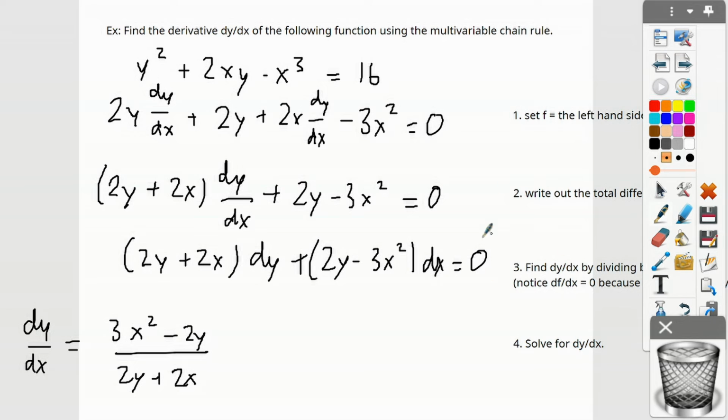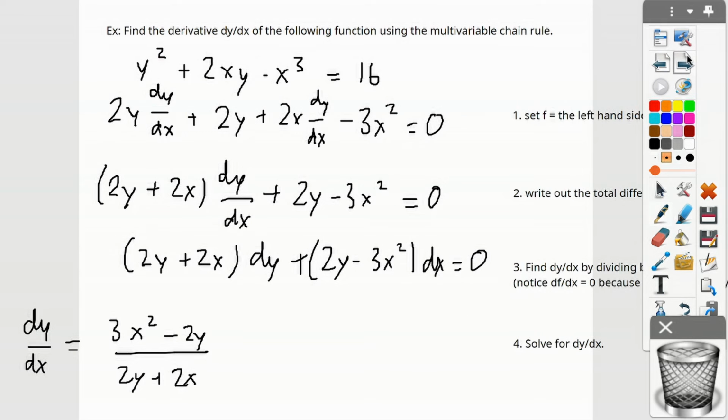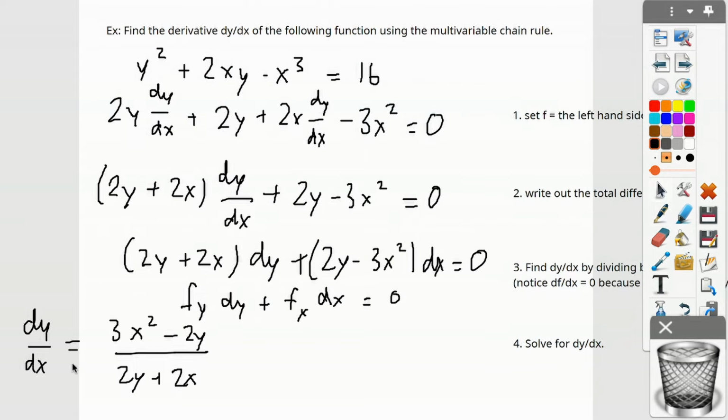Your change in f is really small, so it's practically 0. df is 0. If you take the f sub y for this one, 2y plus 2x. If you take f sub x for this one, 2y minus 3x squared. So you just come back to f sub y dy plus f sub x dx equals 0. So that's actually what we call the implicit function theorem. We're going to do it the other way though.